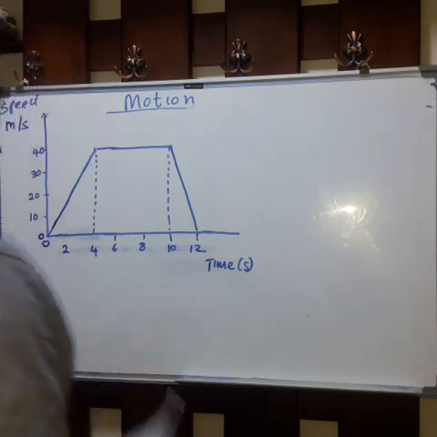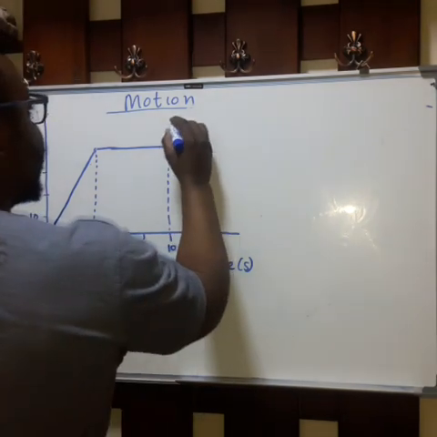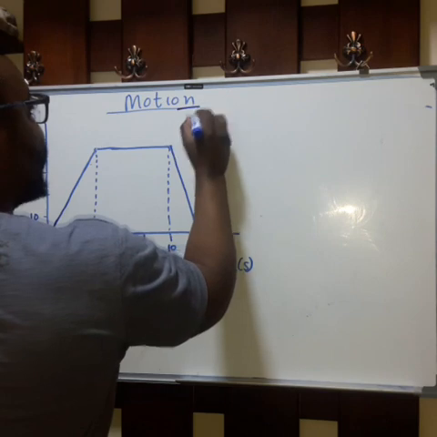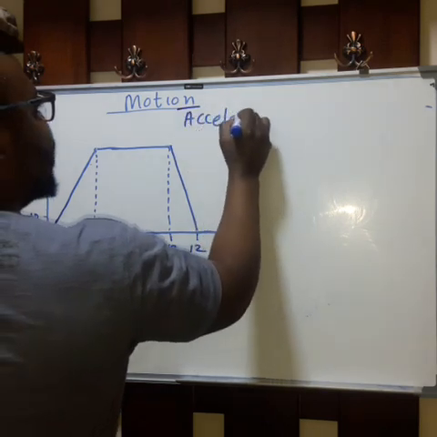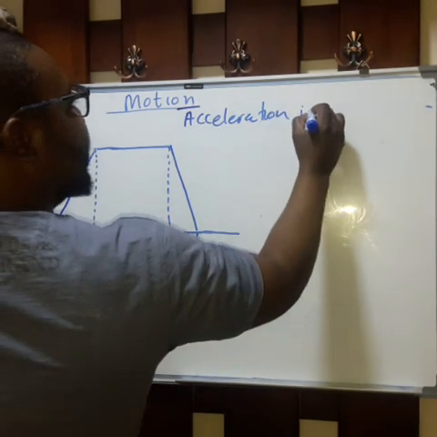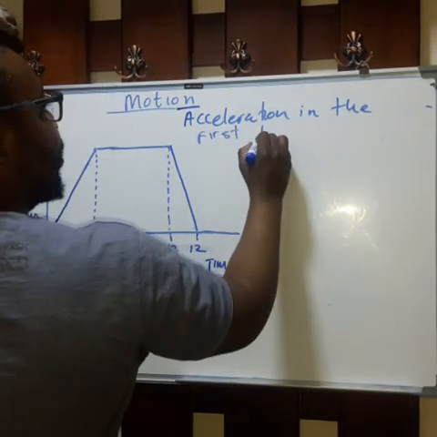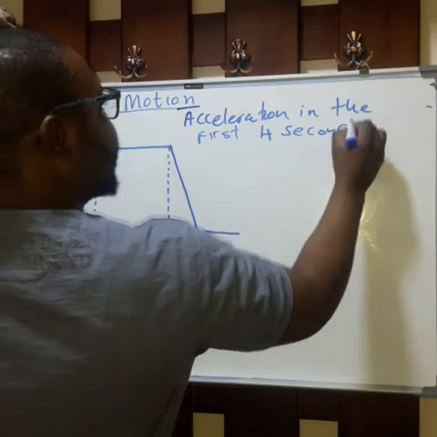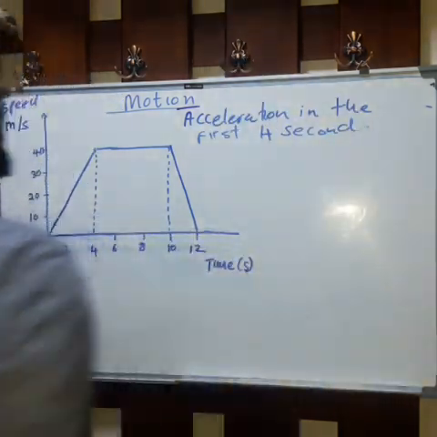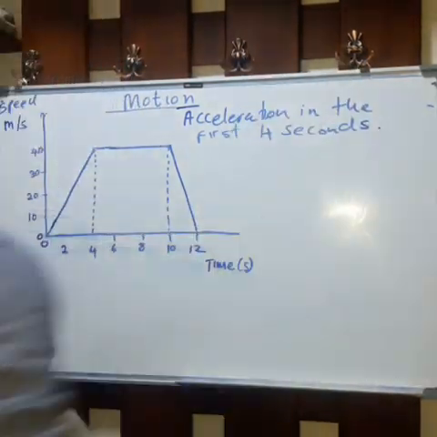First of all, let us calculate. Let's say the question is as follows. They want us to find acceleration in the first 4 seconds. This is the first question.